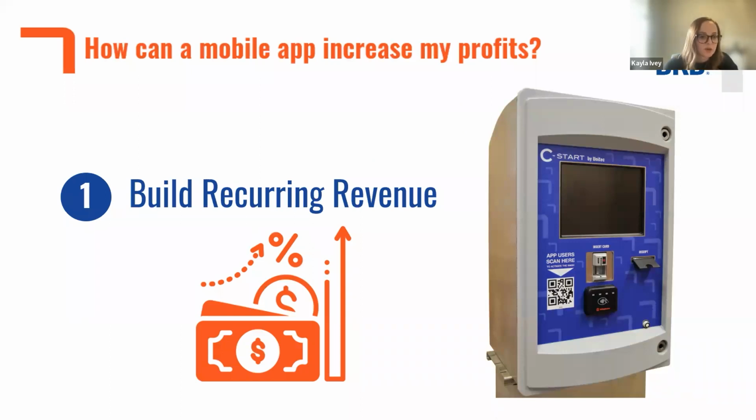Thanks, Kelly. So building recurring revenue is our first topic that we'll cover here. One of the major things that we've all seen happen over the last few years is express car washes have blown up. And one of the key elements there is the ability to drive recurring revenue with the membership stream that they offer. In the in-bay space, this is obviously different. In the tunnel world, I'm sure everyone knows this, but just in case, RFID technology and license plate recognition is how that membership is recognized and triggered.